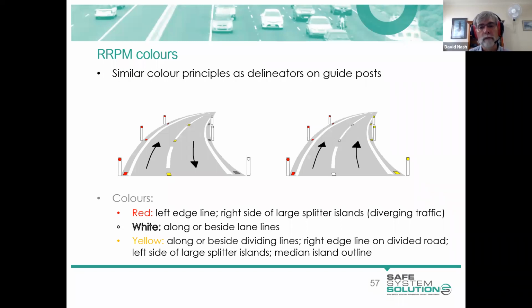Now, the reason for all of those standards is to try to create a difference, even though it's a fairly subtle difference, between the two-lane two-way road and the two-lane one-way carriageway. Because if you turn into a two-lane one-way carriageway, because this is part of a divided road, but you can't see the other carriageway going the other direction, you might not be sure what sort of roadway you've entered.